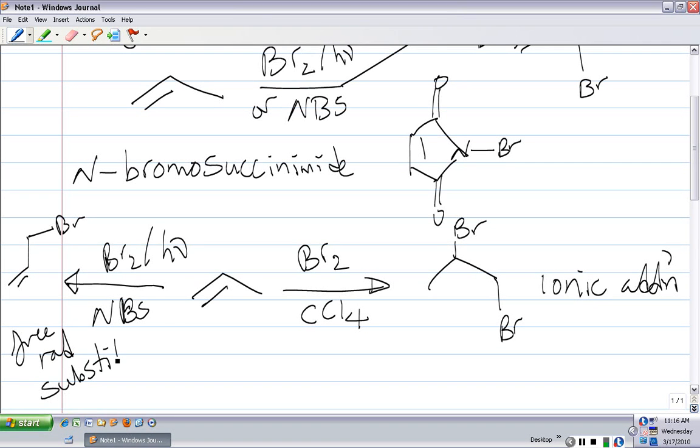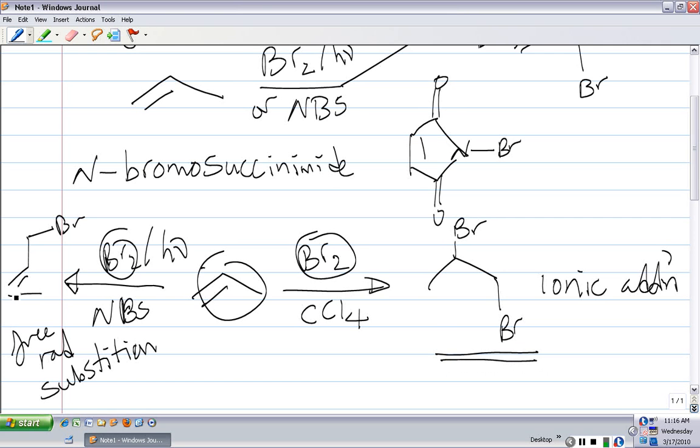And it's really kind of interesting that you can use exactly the same reagents, bromine and the alkene, and if you change the conditions, you get 2 entirely different reaction mechanisms. You get the 1,2-dibromo species by ionic addition, or you can get the allylic species by free radical substitution.